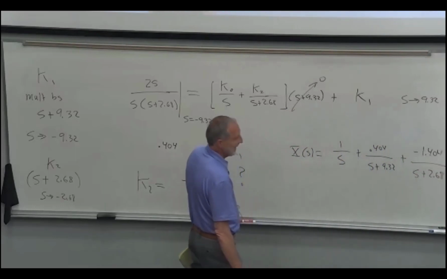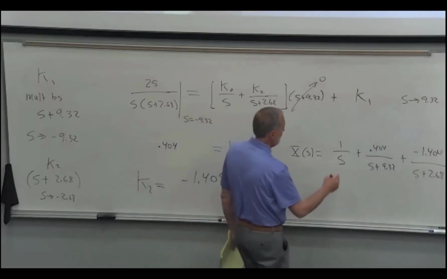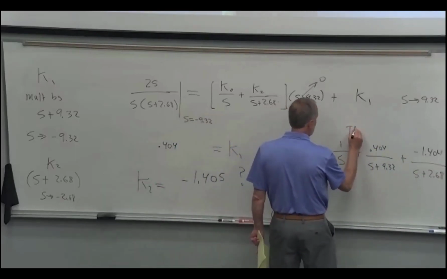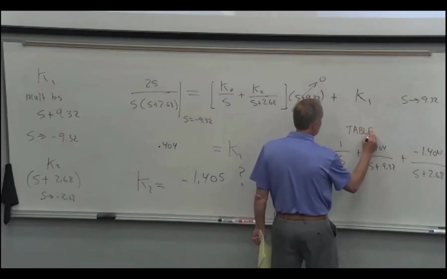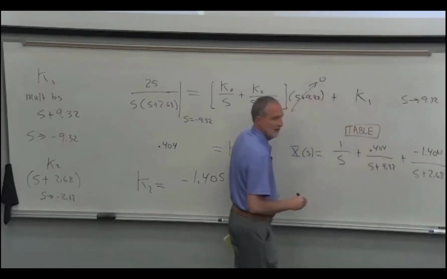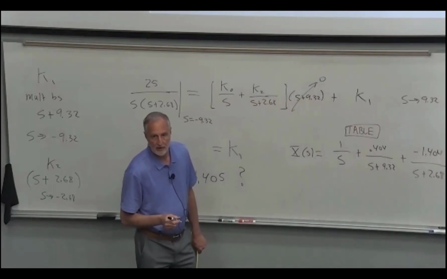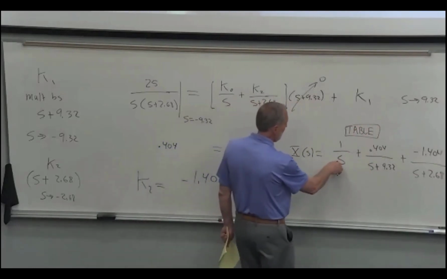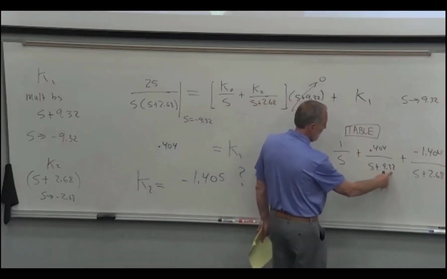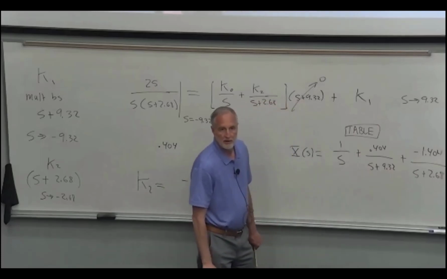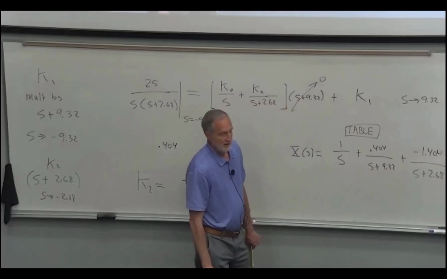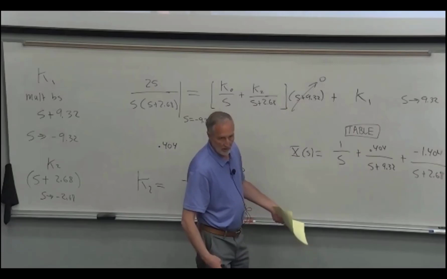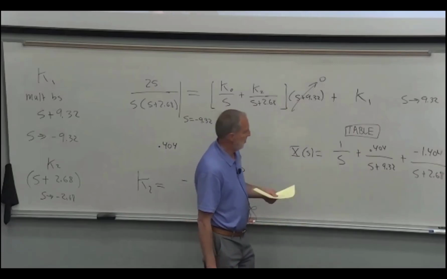And so that's split up, and then we can look up each one of these in the tables really easily. In fact, if you split it up into this kind of stuff, real soon you've memorized that, right? This is the unit step, and this is e to the minus the number that's there. In fact, if you memorize just a couple of these, you can pretty much do any problem.